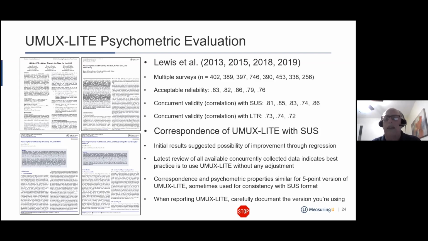So that becomes a very powerful argument for the user experience practitioner to say, if you want improvements in likelihood to recommend, then you really should be considering improvements in UX.